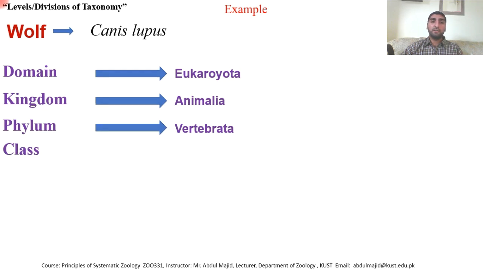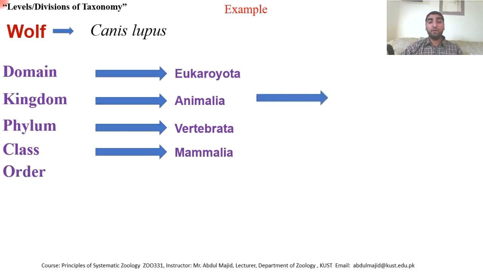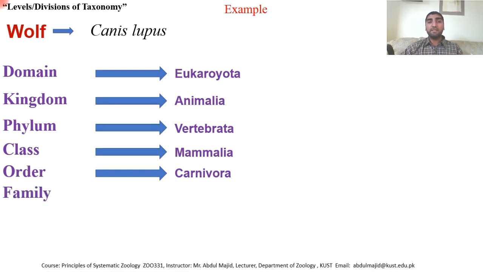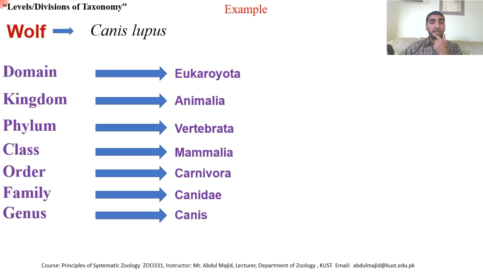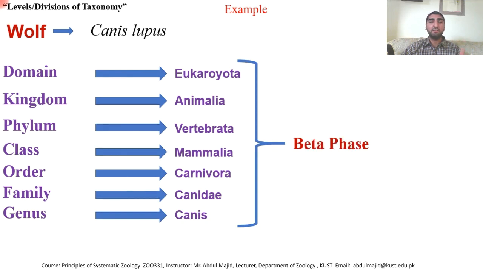Then the taxonomist will place the wolf into class Mammalia because it's a mammal, then into order Carnivora because it's a carnivore, then into family Canidae because they have canines, and then into genus Canis, again on the basis of the canine teeth. So this level is the beta phase.